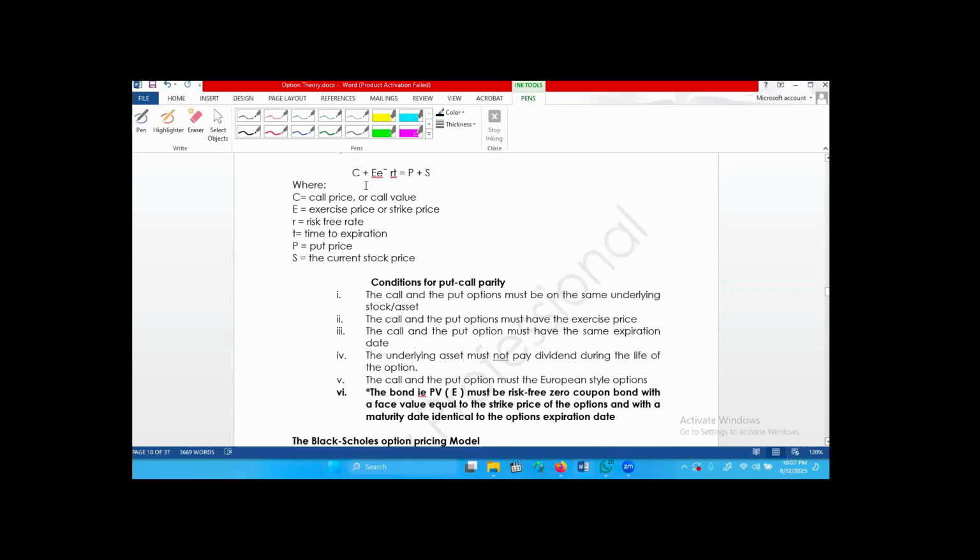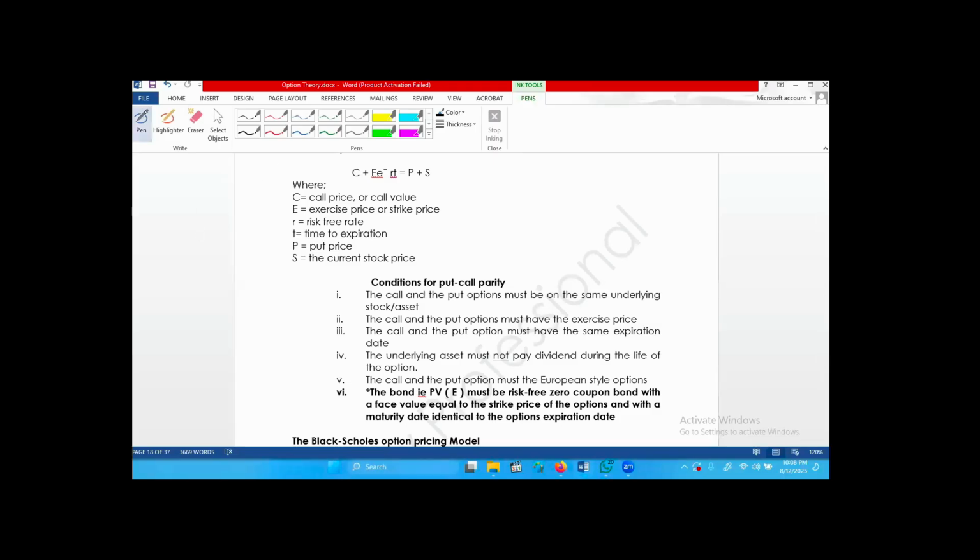I look at the relationship. The equation is C plus capital E times small e, the exponential function raised to minus RT, is equal to P plus X. Let me rewrite this for you.